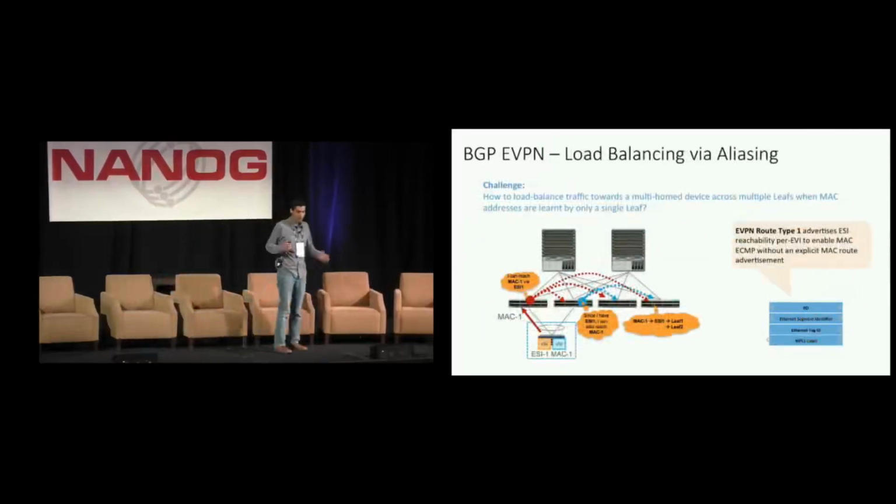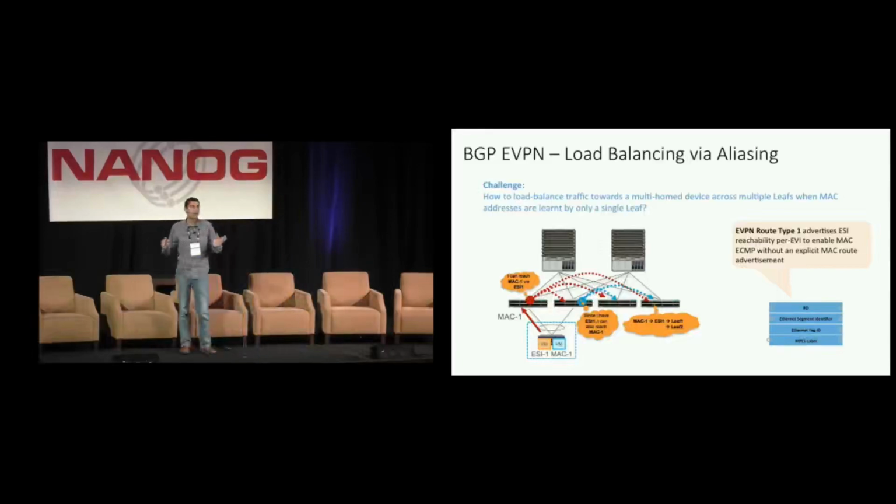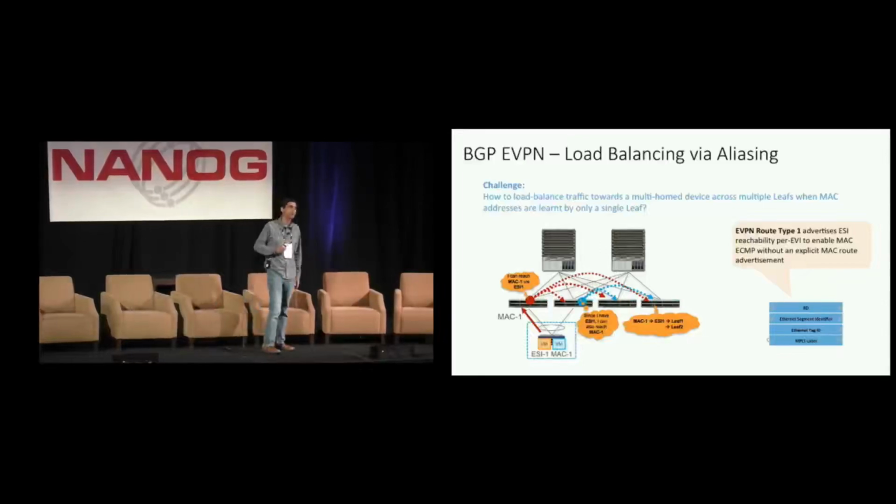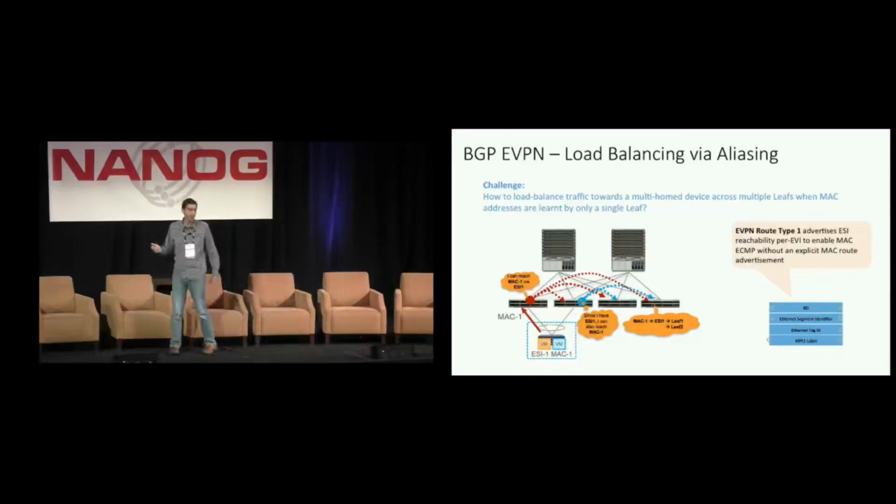Now, if a host is multi-homed to 2 or more leaves, it is possible that the host's MAC and MAC IP might only be learned on one of the leaves because of the way the layer 2 link bundle hashes the traffic. If the host is only learned on one of the leaves, that host's MAC IP route would only be advertised by one of the leaves to all the other leaves in the overlay.